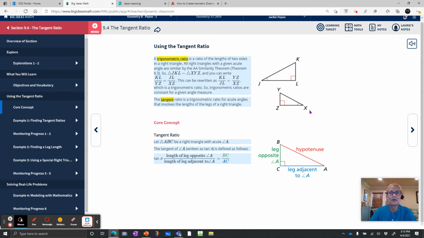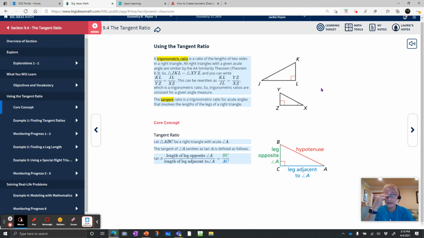You can also rewrite that as KL over JL equals YZ over XZ. So you can do side over bottom equals side over bottom. That's also a trig ratio. So trig ratios are constant for a given angle measure. The tangent ratio is a trig ratio for acute angles that involves the lengths of the other legs.